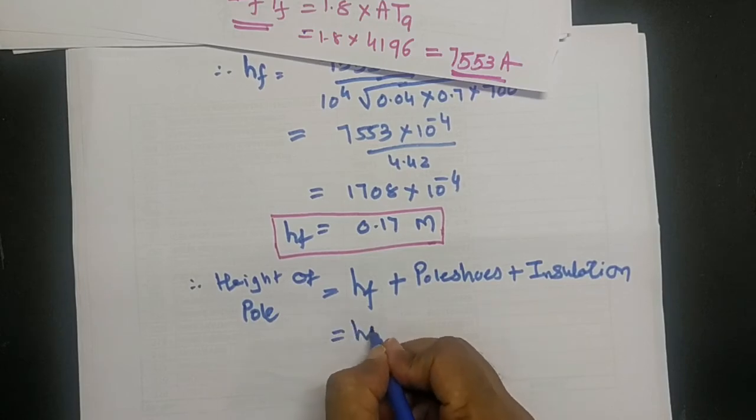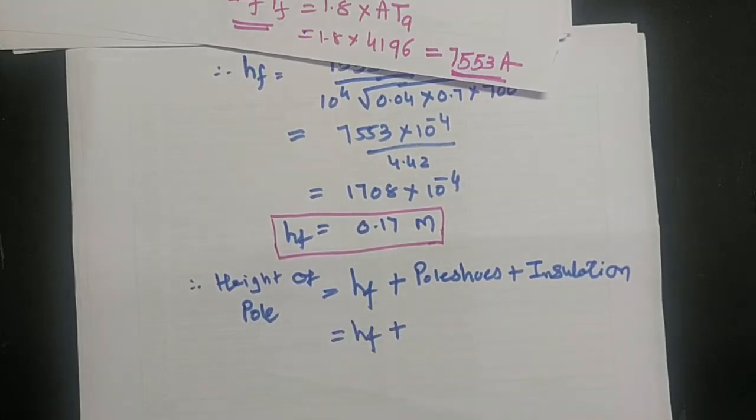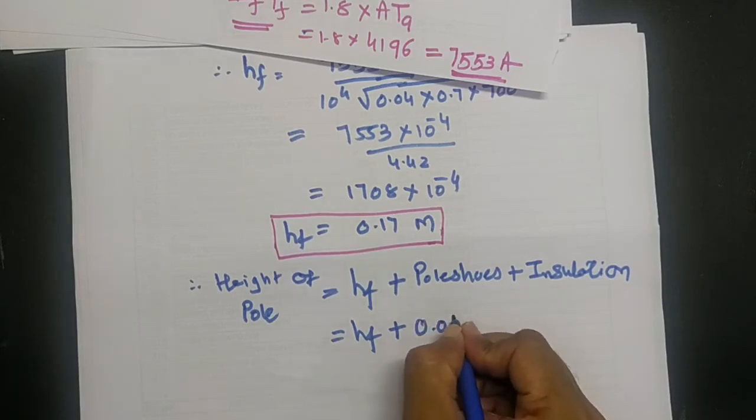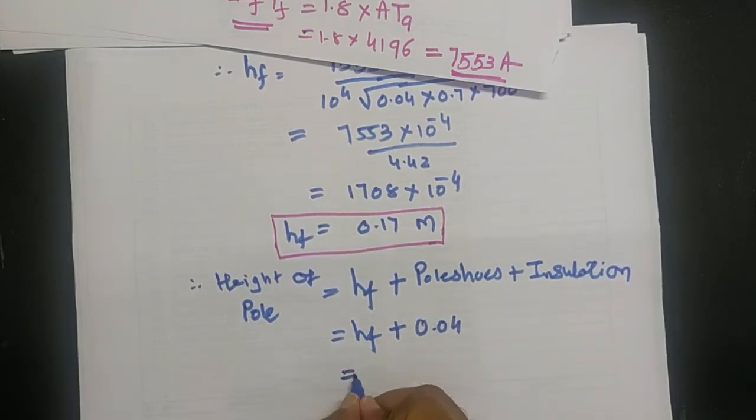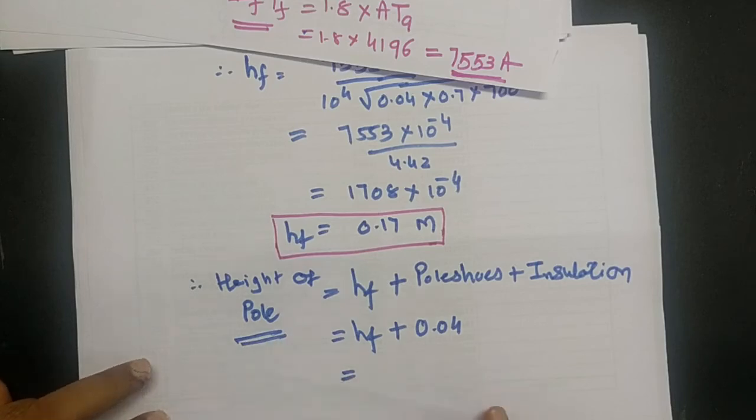As a whole, if we take 0.04 meter, then we have the total height of the pole.